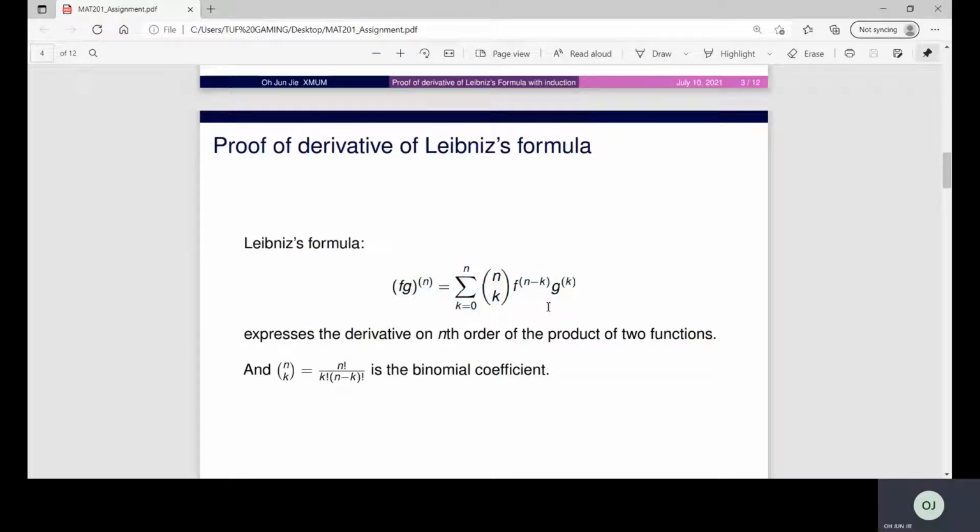The formula is the product of f and g, the derivative of n-th order, is equal to the sum from k equals 0 to n of the binomial coefficient n choose k times the derivative of order n minus k of f times the derivative of order k of g.